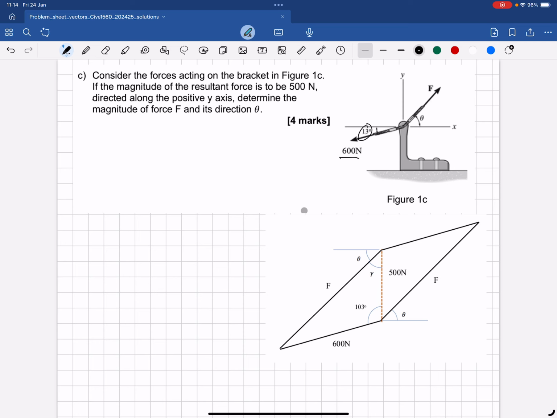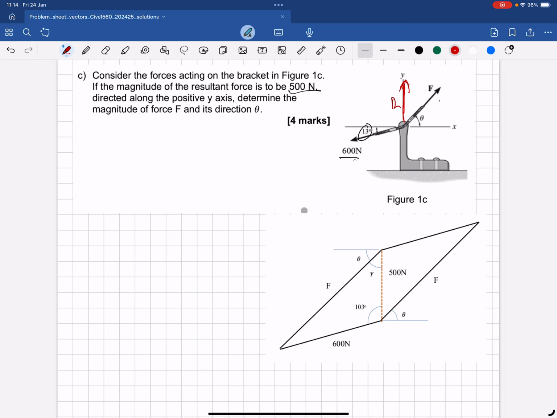And if the magnitude of the resultant force is to be 500, so the resultant force of the 600 plus F must be 500, directed along the positive axis, so the resultant needs to be acting up here, R.